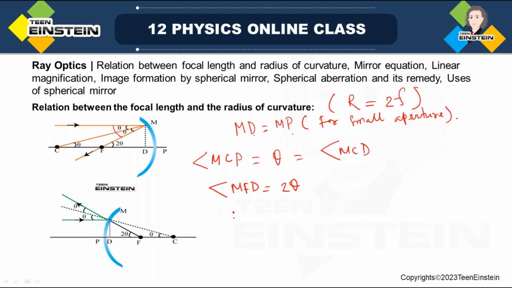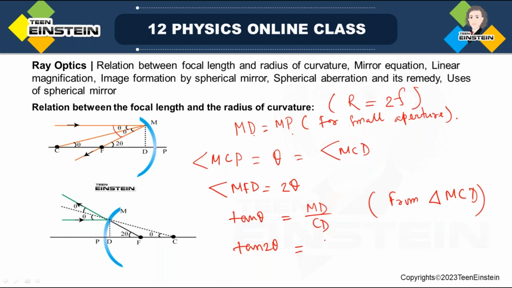Now look, I'll write what is tan theta. From this particular triangle MCD, tan theta means perpendicular by base, right? If this is theta, base will be CD, perpendicular will be MD, so MD by CD, from triangle MCD. Now what about tan 2 theta?